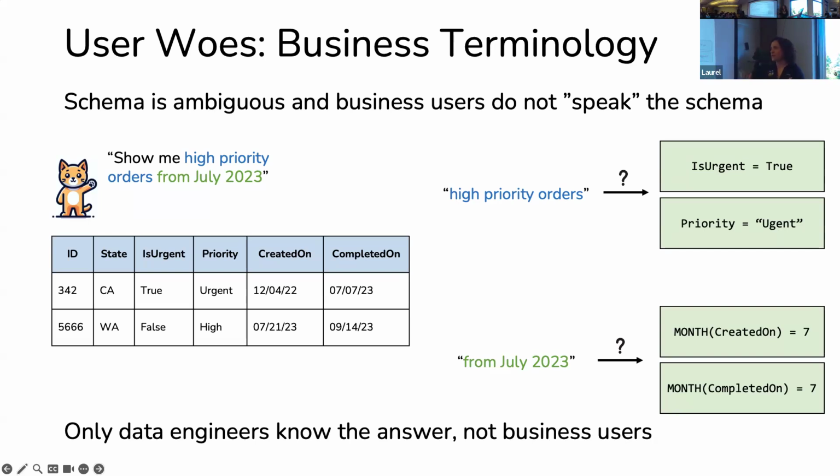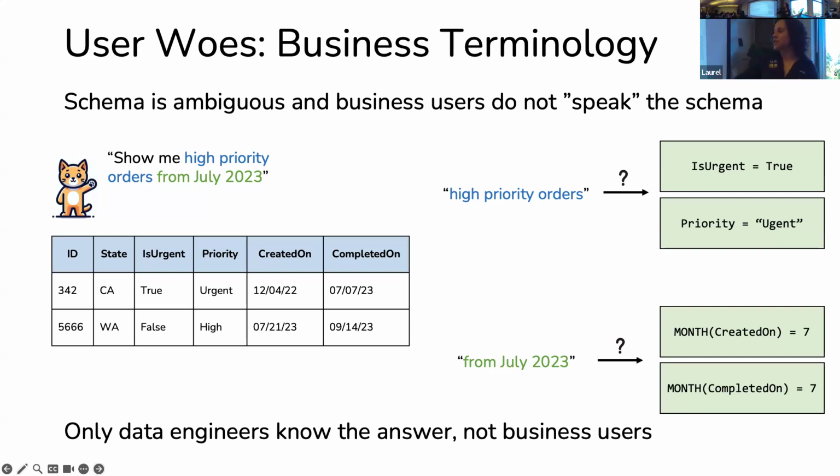If you just ask the model for high priority, it actually does a pretty good job guessing, but there's no way it knows the right answer. High priority could be urgent work orders, it could be priority of urgent, it could be some mix of the two. And even looking at from July, given the data, it could be looking at completed on date or created on date, or maybe some average of the two dates. It's very unclear, and it'll usually guess something reasonable, but it's not necessarily what the user wants.